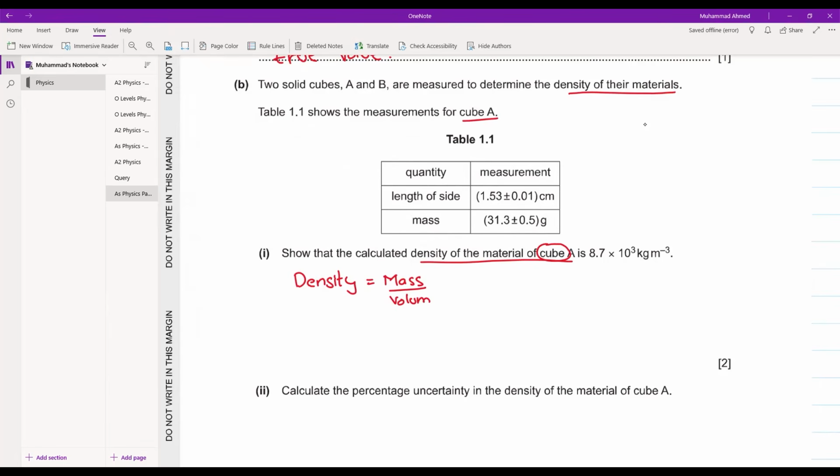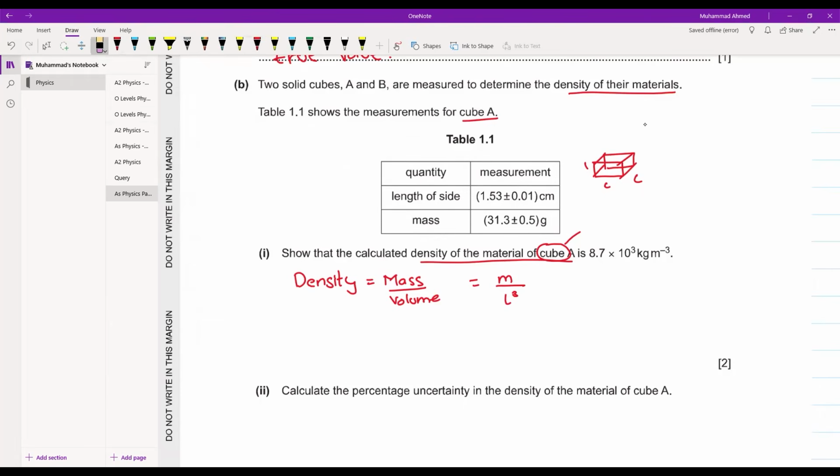For a cube, all three sides are equal, L, L and L. So the volume of a cube is equal to L cubed.